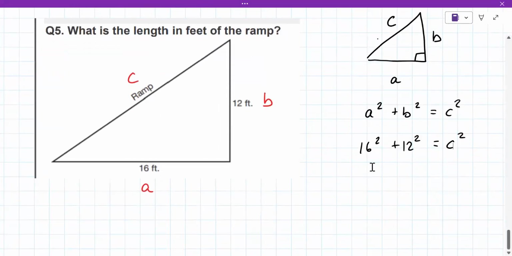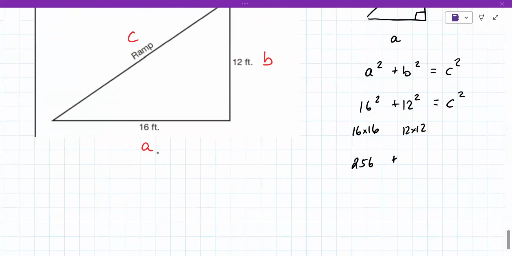Okay, so it's going to say something to a power of 2, or you can do 16 times 16. That'll also do it. 16 squared means to multiply it by itself. 256. It's good. And then 12 squared is 12 times 12. 144.